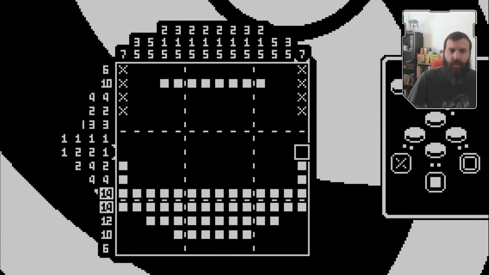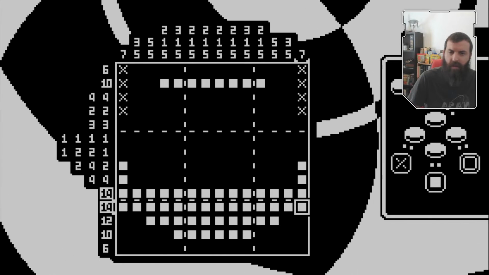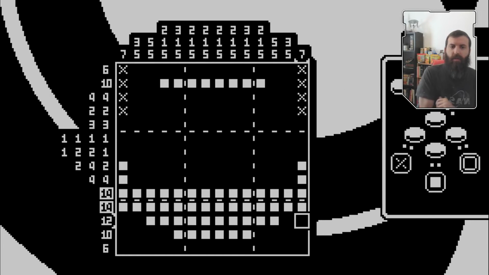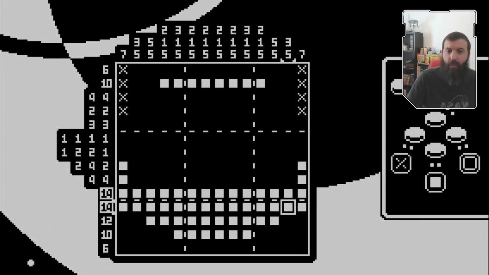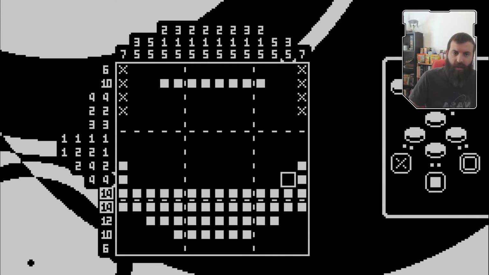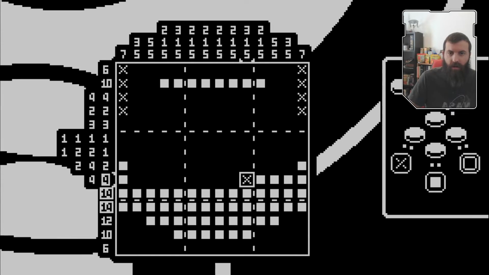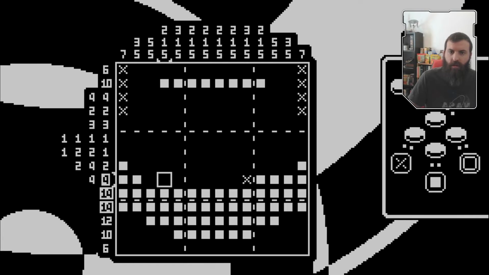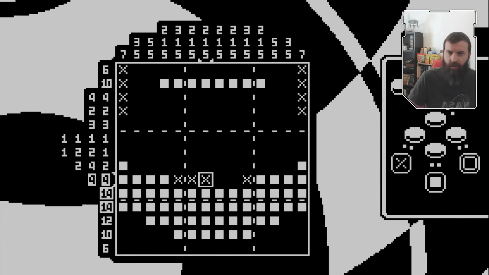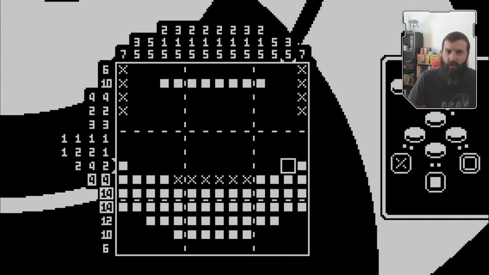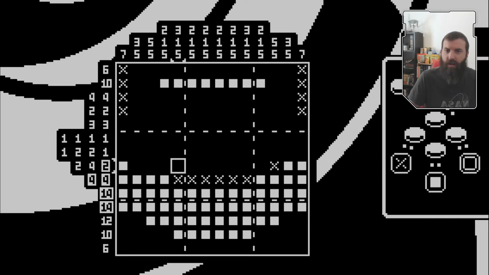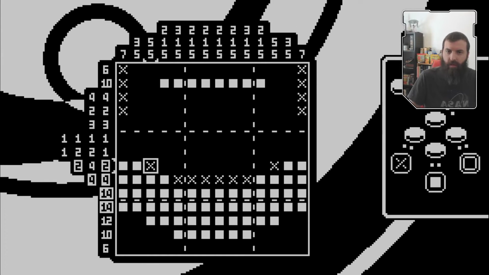Similarly, 1, 2, 3, 4, 5, 6, 7. Right, great. So these might be filled in, they might not, we don't know. It's fine. But, good news, that gives us our 4s here. Horizontally, 4s. Means that we know that those aren't filled in, and we've got our horizontal 2s there. Those are filled in.